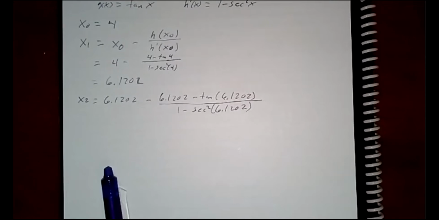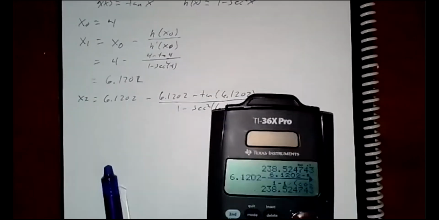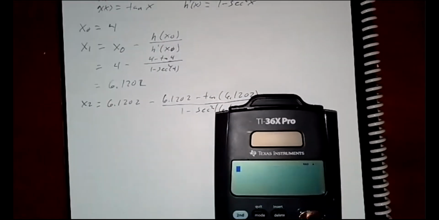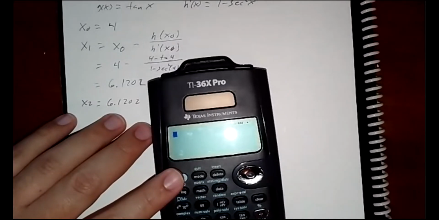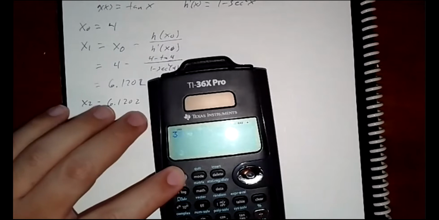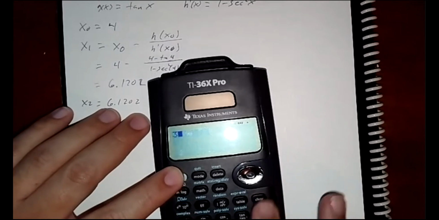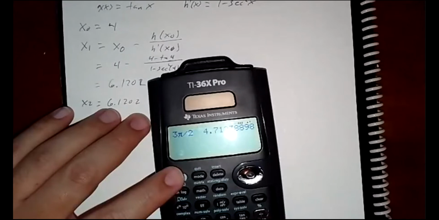So what went wrong here? Let's try. Okay, so it's all about that starting point. 3 pi over 2 is 4.7, right?